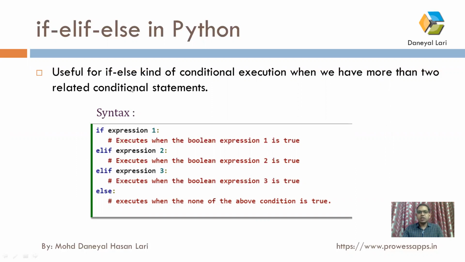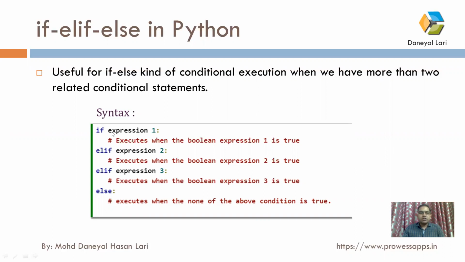One condition is related to another condition, which means if the first condition gets true, then the rest of the conditions will not execute. So if you have more than one condition and any one of them gets true and you want a statement to execute, you can write an if-elif-else statement.